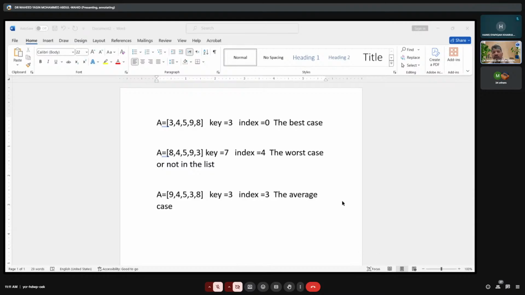I will give you 10 minutes to write a code to find this key. I think 5 minutes, or 8 minutes, is enough to write a code for sequential search. Please start coding.